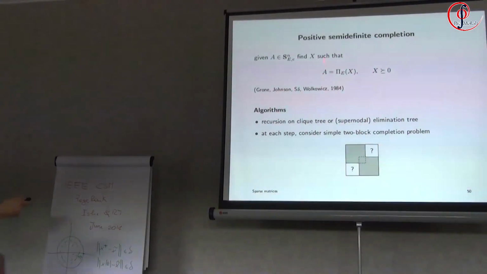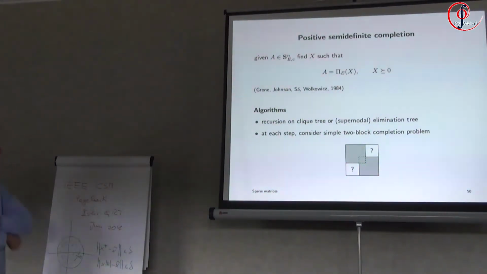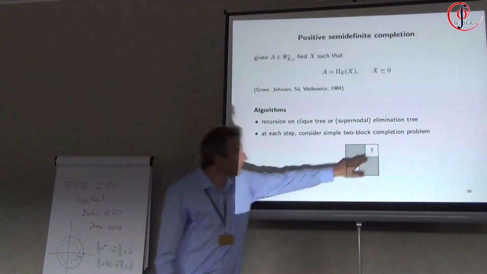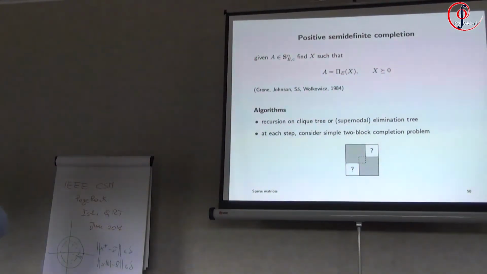So for each two vertices that are not connected by an edge, you can assign a numerical value. You want to do it so that the matrix is positive semi-definite. Or in other words, you just look for a positive semi-definite matrix X that has this projection. So for this simple pattern, it would mean finding values for these zero blocks so that the resulting matrix is positive semi-definite.